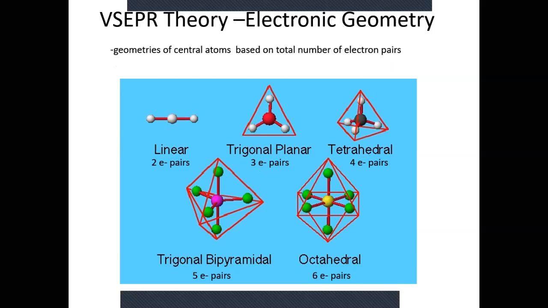Here are some examples of types of electronic geometry. The key thing is that you draw the Lewis structure correctly, because if you don't, you won't get the right number of pairs of electrons around the central atom, and then you may get the wrong geometry.